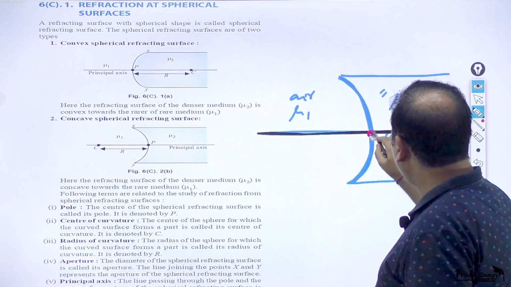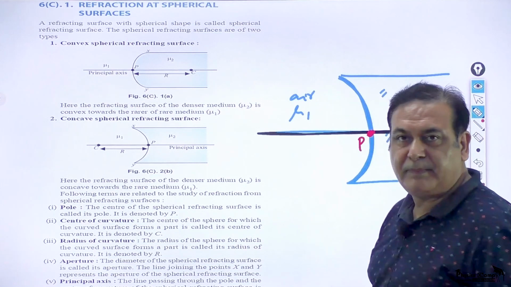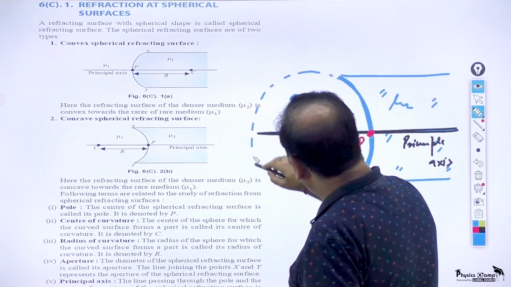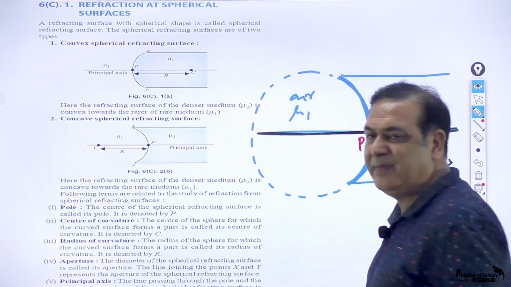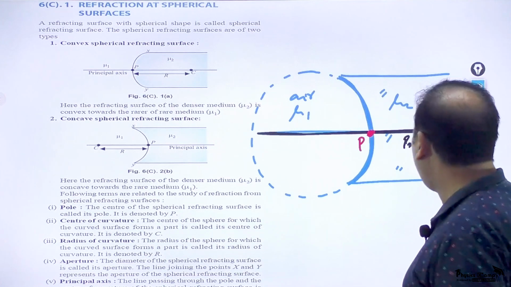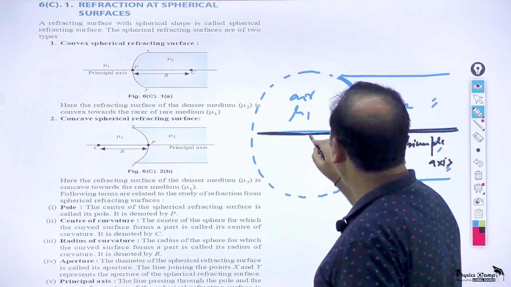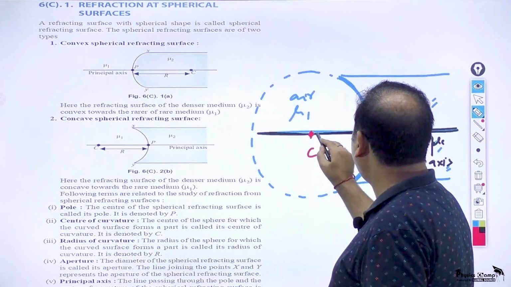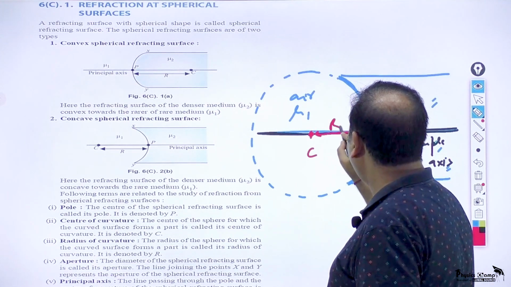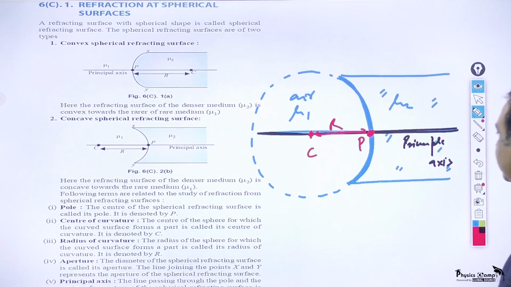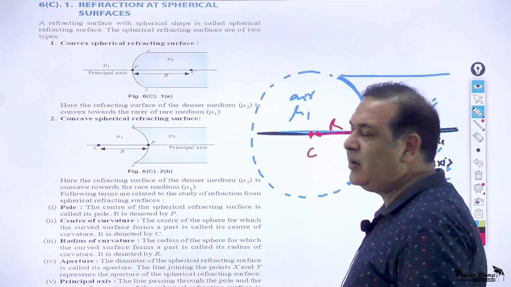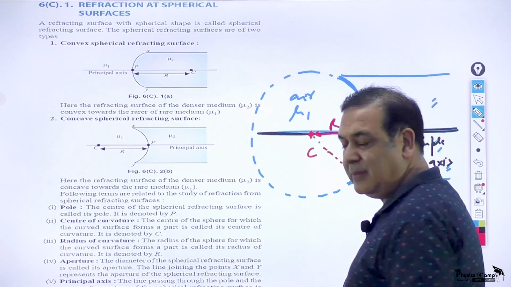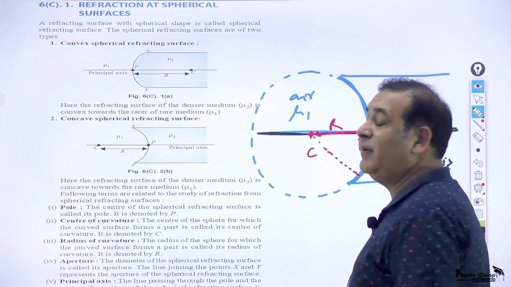This point will be called the pole, and if you complete the sphere of which this concave surface is a part, that sphere will have a center. It will be called the center of curvature. The distance between center of curvature and the pole will be called the radius of curvature, and any line which is drawn from the center of curvature onto this surface will obviously be normal and equal to the radius of curvature.